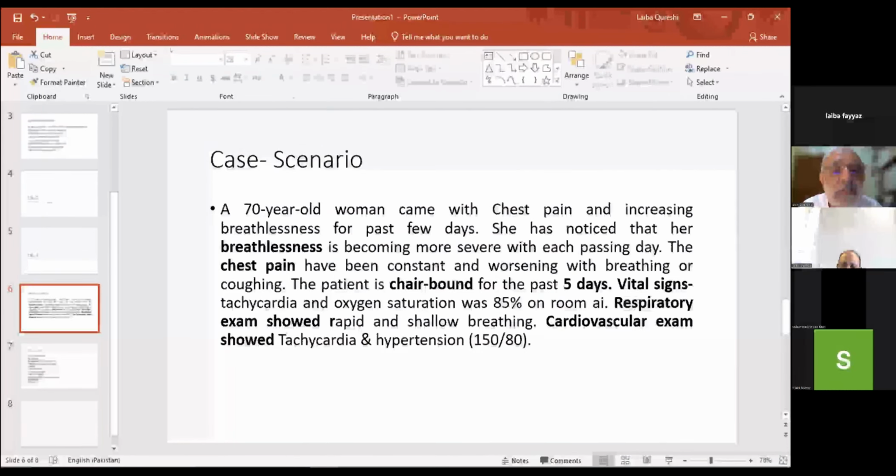For example, if we say a 70-year-old woman came with chest pain and increasing breathlessness for a few days, and she noticed that her breathlessness is becoming more severe with each passing day. And the chest pain has been constant and worsening with breathing and coughing. And let's say we stop there, or maybe up to the patient being chair-bound for 5 days, and then we ask questions there. And that would be relating to history and differential diagnosis.